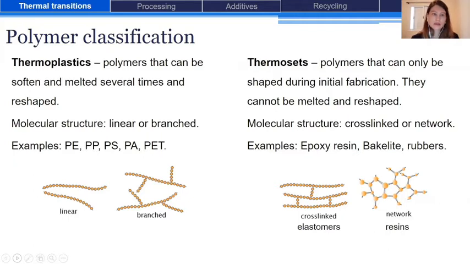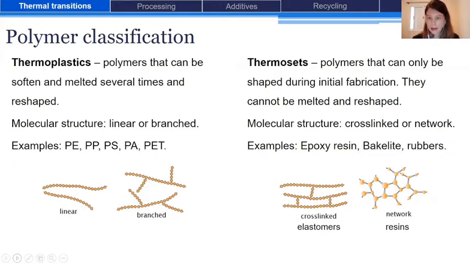In this class of thermoplastics, we find linear and branched molecular structures. We can find polyethylene, polypropylene, polystyrene, polyamide, polyethylene terephthalate.